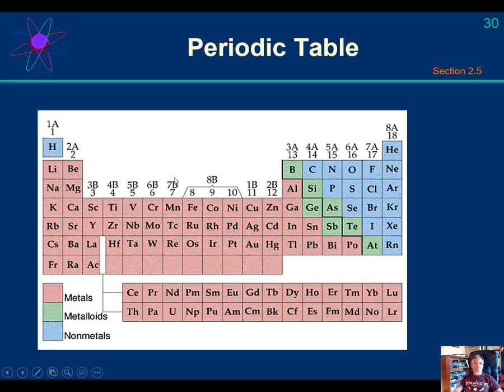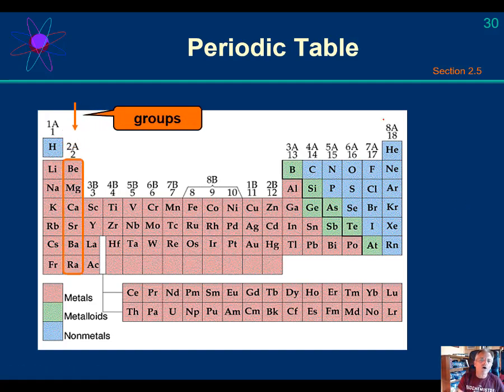And here we are. So the first thing you want to wrap your minds around are what we call groups. These are also called families. So vertical columns are called either groups or families of elements. Now, here is one of the cool things about groups of elements.